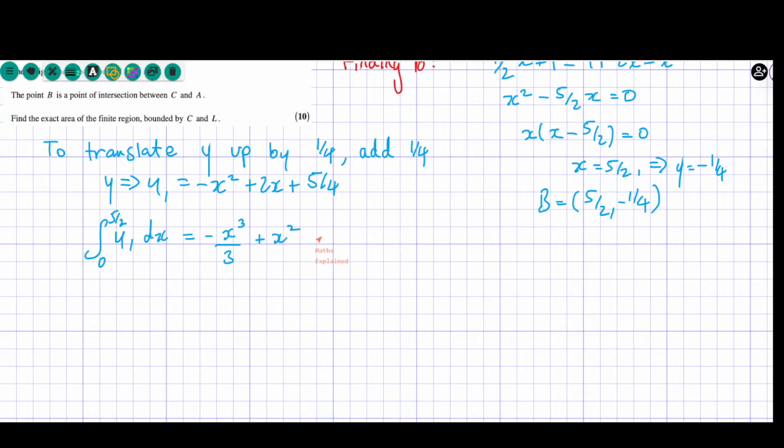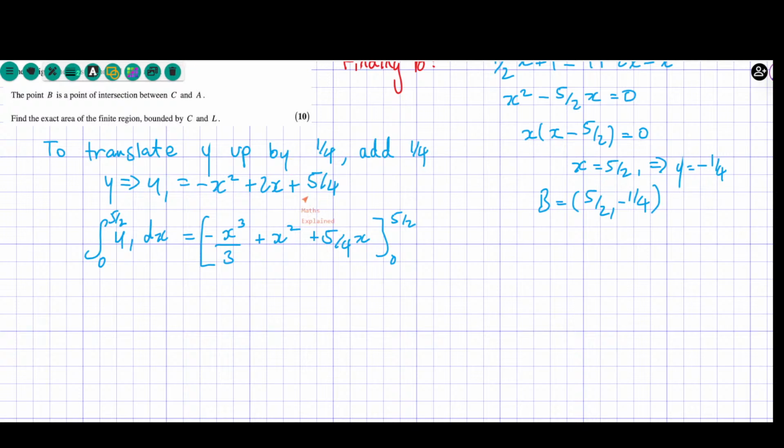And then 5 on 4 becomes 5 on 4x. And this is from 0 to 5 on 2. Okay. So far, so good, I think.